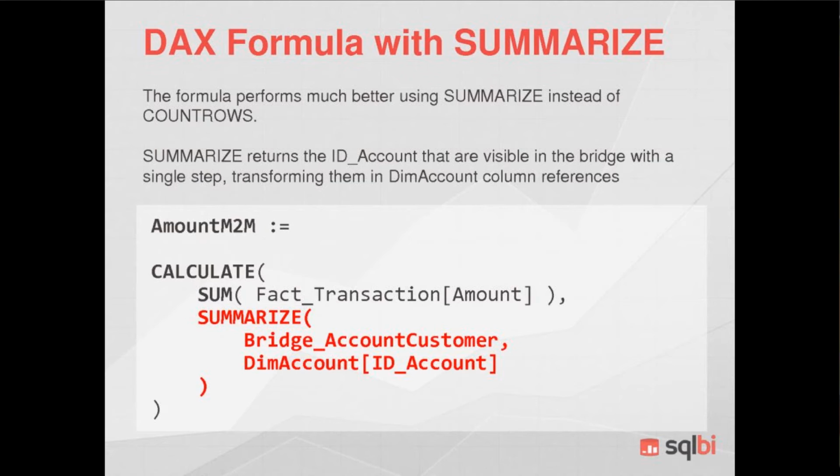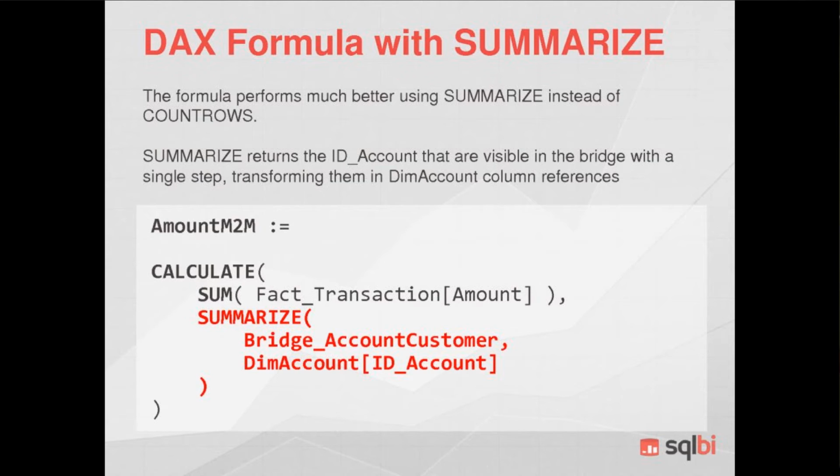So this SUMMARIZE of the bridge account customer says, return me the rows in the bridge account customers doing a group by Dim Account ID account. SUMMARIZE is a function that is normally used in queries. It's not commonly used in formulas, but sometimes it is useful. It is most useful in many-to-many patterns.